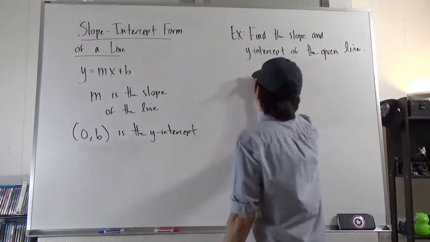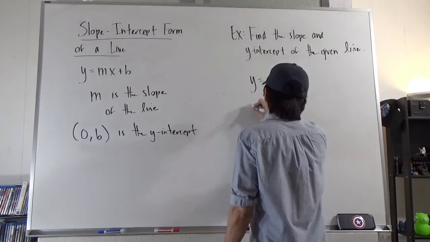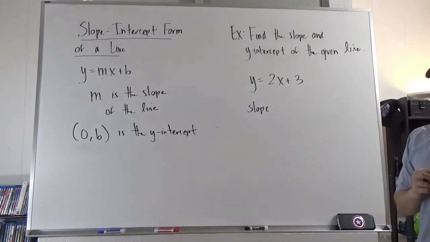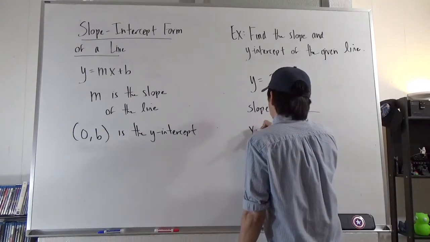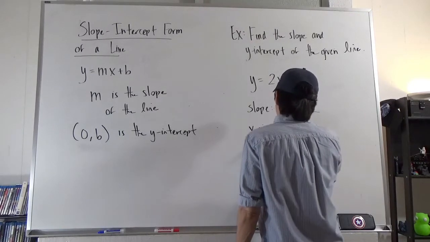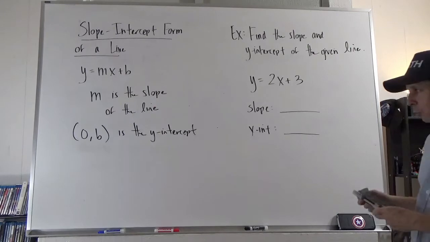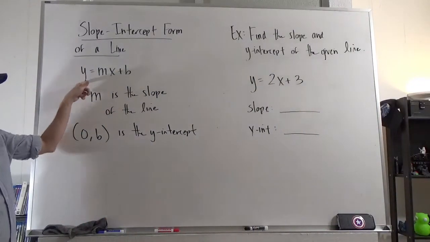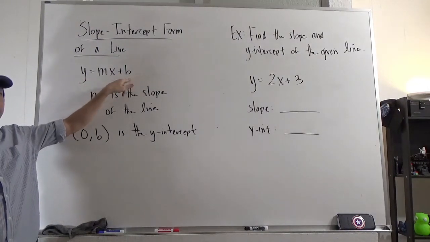So I'll give you an equation. y is equal to 2x plus 3, like that linear expression I just threw at you. There'll be a blank for slope, and there'll be a blank for y-intercept. And what you're looking for is this form, y is equal to some coefficient times x plus some constant term.